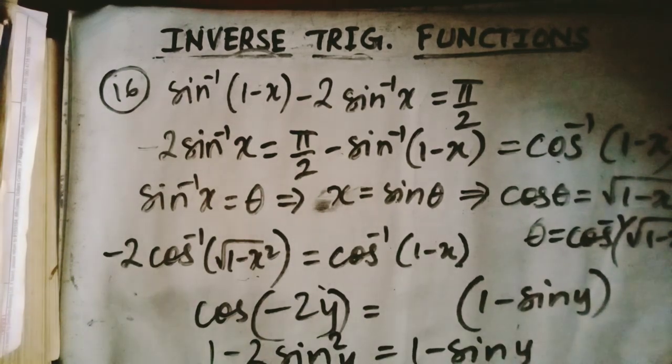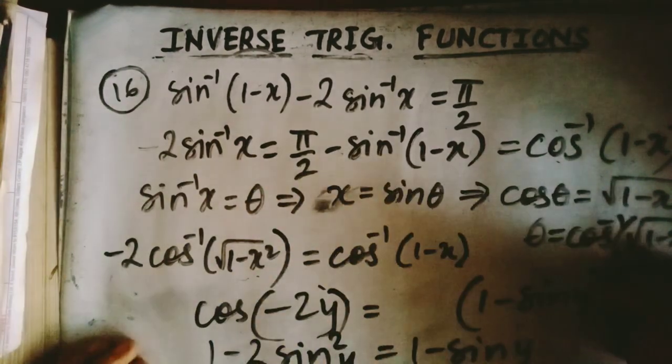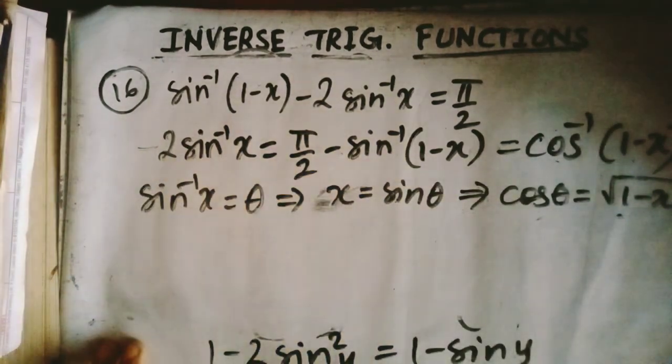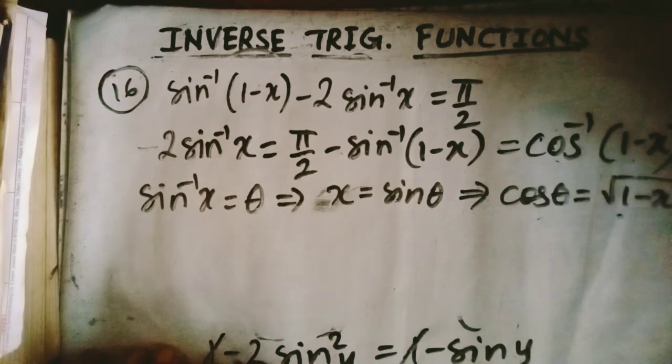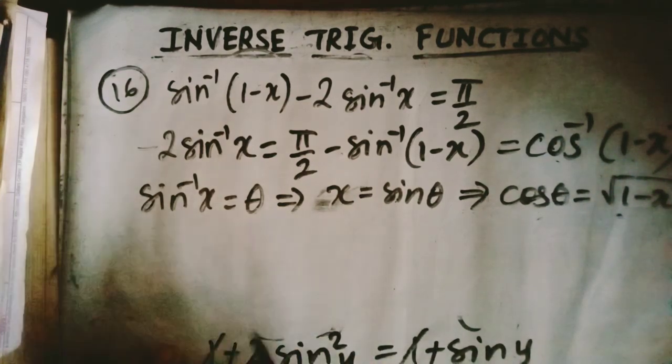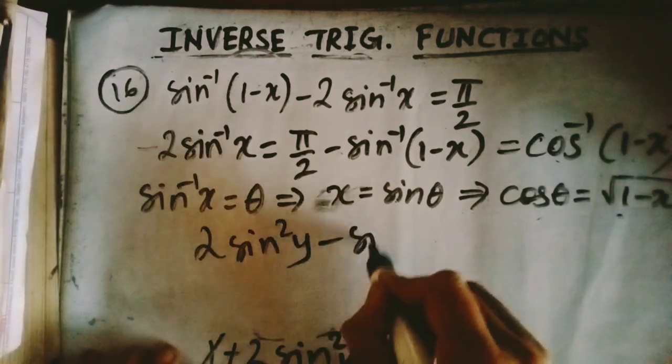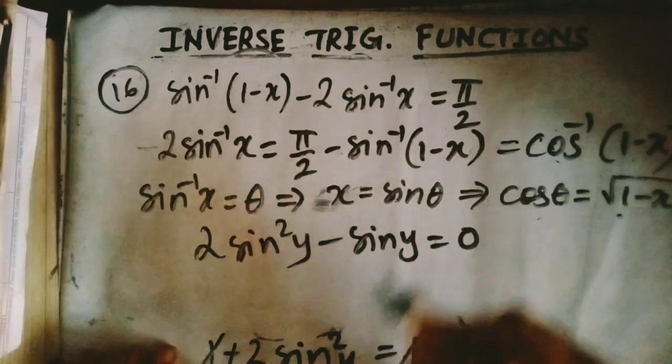Okay, so rearranging the terms. So this will be 2, 1 and 1 gets cancelled, right? So minus minus also gets cancelled. So you will get 2 sine square y minus sine y equal to 0.